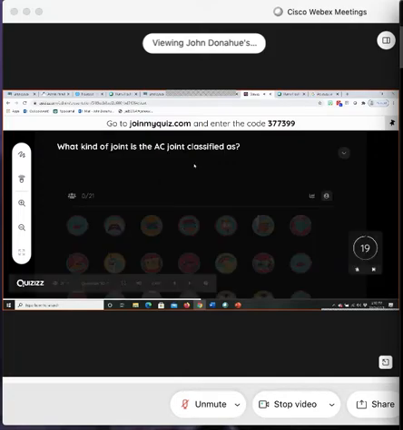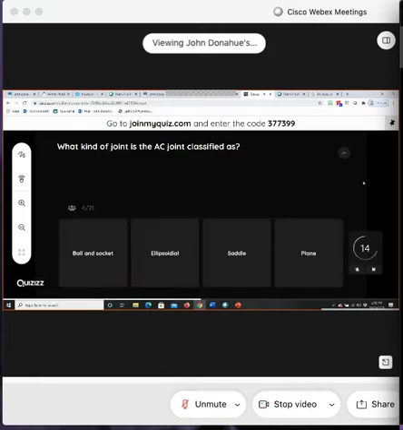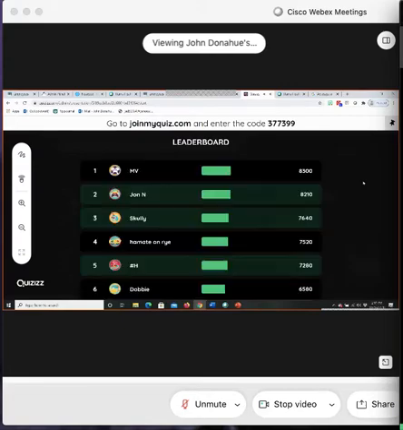What kind of joint is the AC joint classified as? It's going to be a plane joint. Remember like the wings of a plane? Think of your clavicles, they look like an airplane.